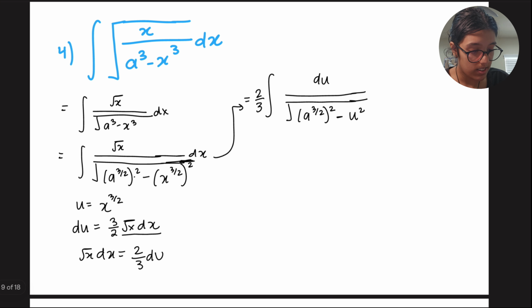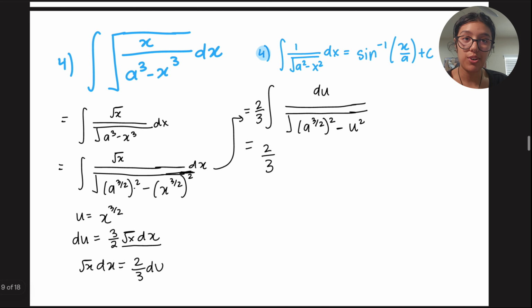So 2/3 equal to, and now we are going to use our fourth formula. Again, this formula is pretty common because we have a squared, x squared, and we also have a squared and u squared in this case. So we're going to replace the values of a, or the constant, and the values of x. So we're going to have 2/3 sine inverse of x over a.